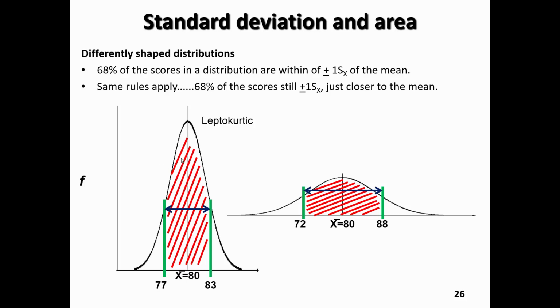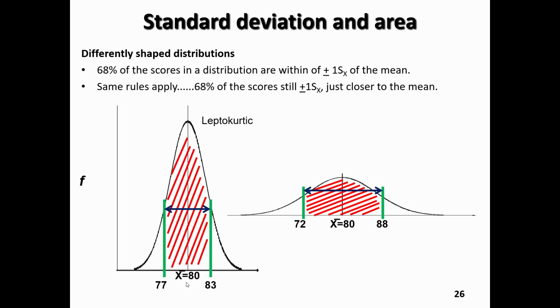What we see here on the left-hand side is a leptokurtic distribution, where the scores reside closer to that line of symmetry, which is the average of 80 years old.